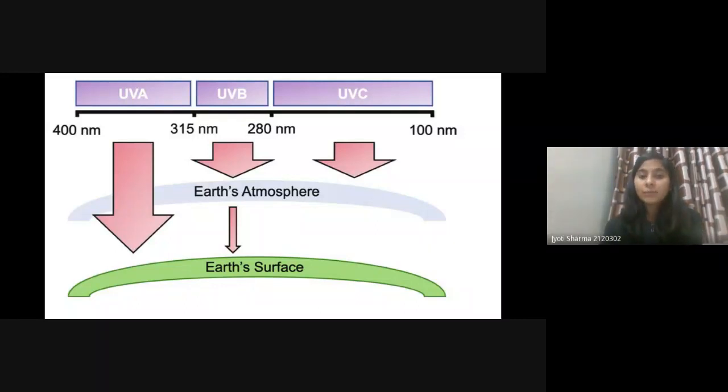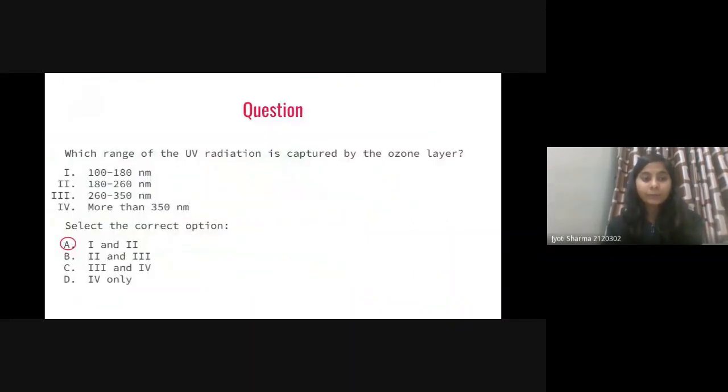So the answer should be first and second, because it completely restricts UV radiation C, partially restricts UV radiation B, and does not restrict UV radiation A. The shorter wavelengths will be absorbed by the stratospheric ozone.